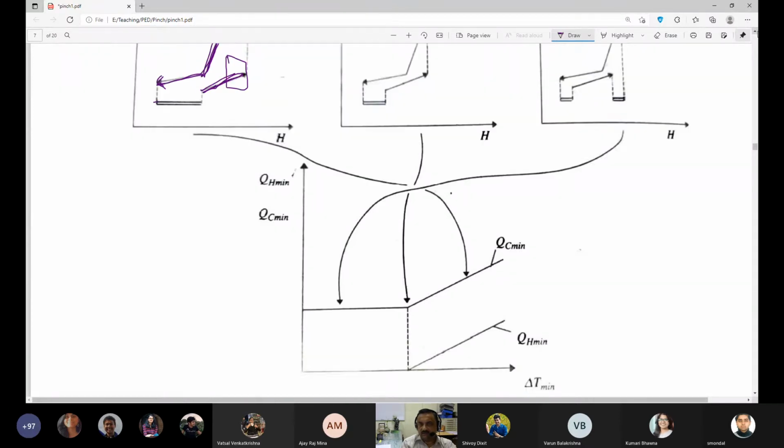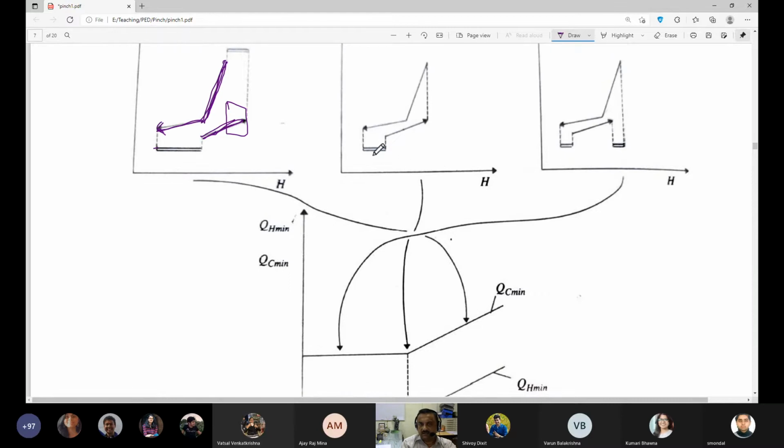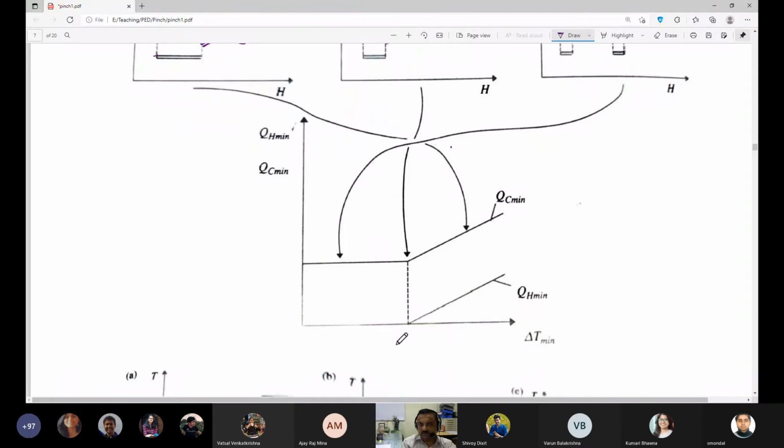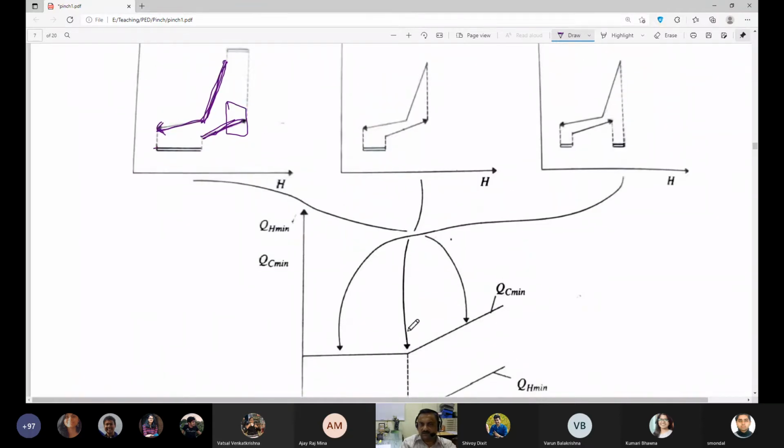The QC requirement on the left end is decreasing from here to here, but the QC requirement is now coming up in the right end. So your total QC requirement remains unchanged, and the heating requirement is anyway 0. So this gives you a threshold value.